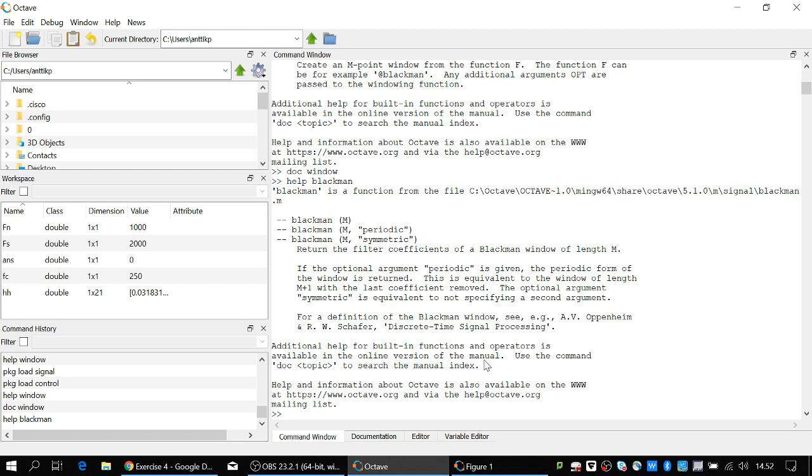But anyways, if you're using Octave, take a look at what kind of window shapes there are on the Octave function reference list. Okay, for MATLAB, I think you get help window. It gives you also the window types that can be used there.